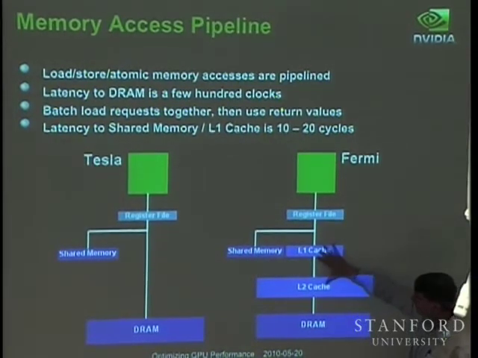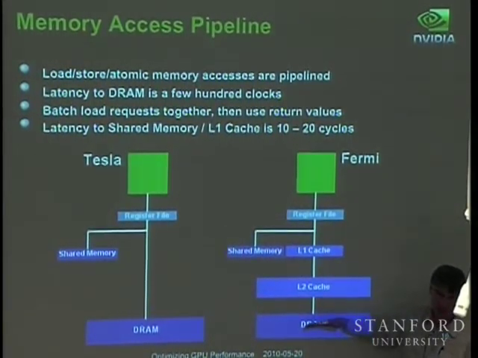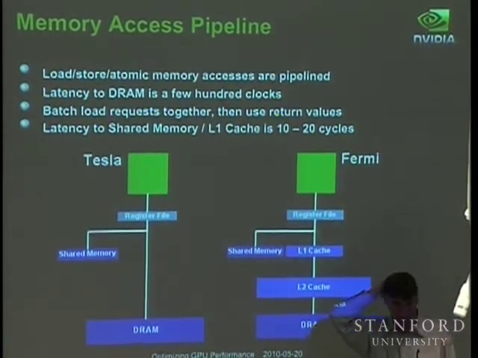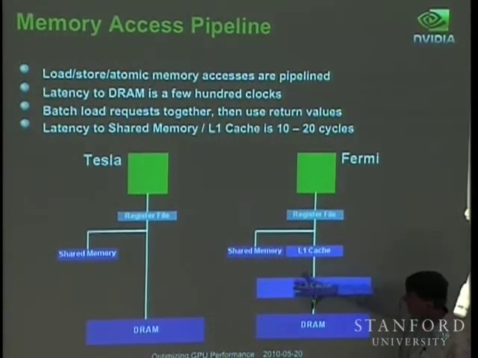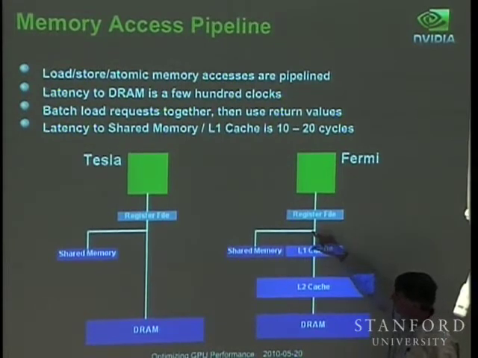The difference is that when you schedule, because all these loads are pipelined, you can have many load requests in flight. You can have typically 64 pipelined load requests in flight from a given SM. And therefore, if you can organize your code so that you batch, let's say, several load requests per thread up front and don't use any of the results.